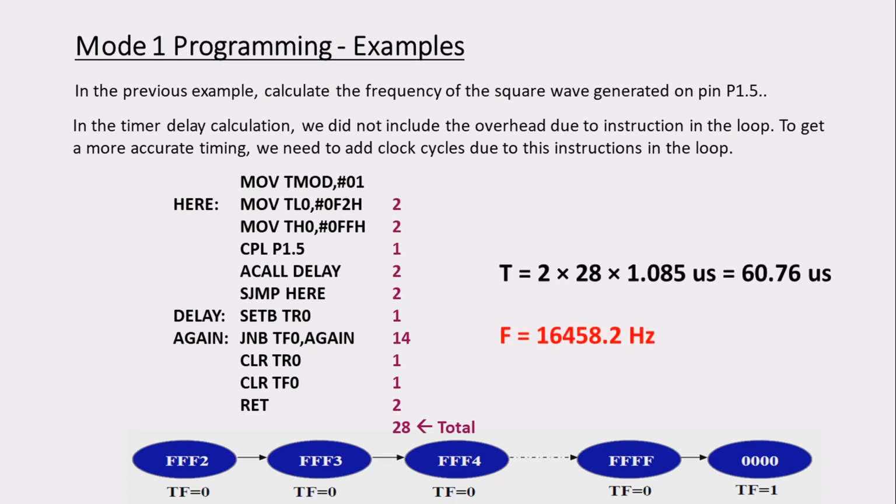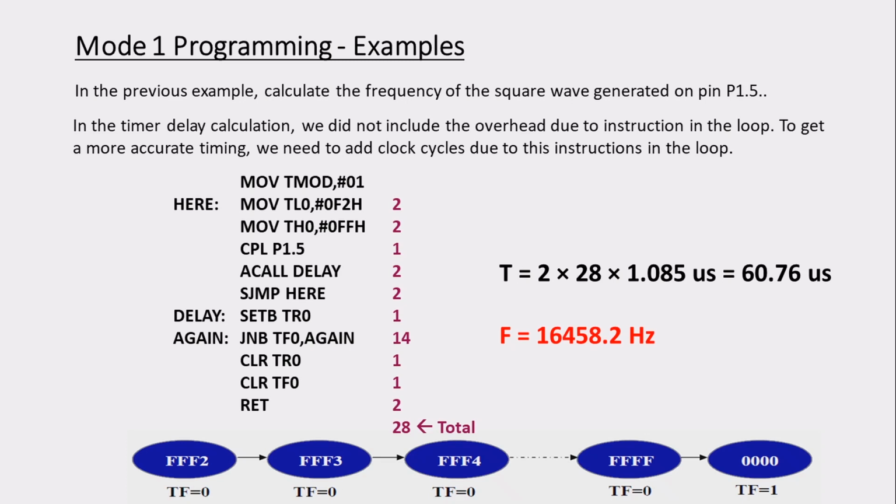And as we know, since we are generating a square wave with a 50% duty cycle, half the cycle will be logic 0 and half will be logic 1. That is why I need to multiply this by 2. So the total time I'll be getting is going to be 60.76 microseconds.